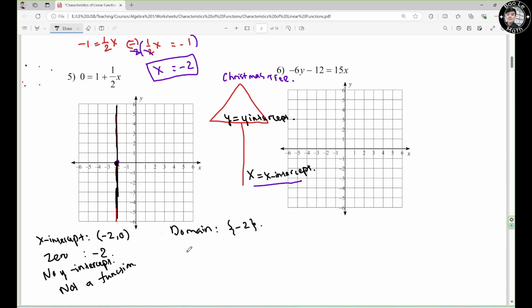Just one number. Now the range: you see that this guy keeps going down forever, and this guy keeps going up forever. So you put positive infinity right here and negative infinity right here. So the range from bottom to top is going to be all real numbers.